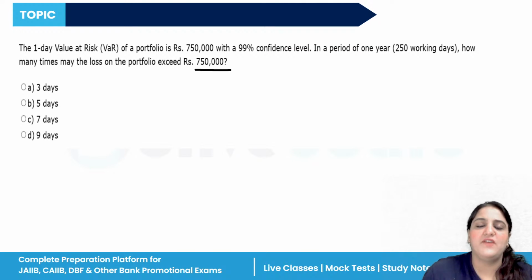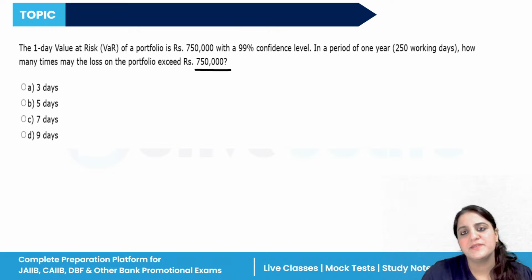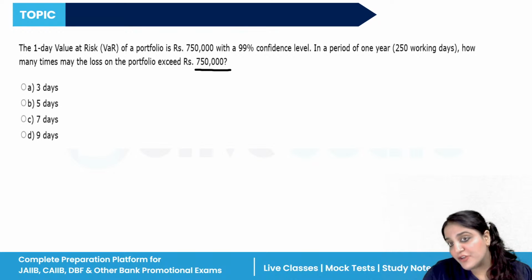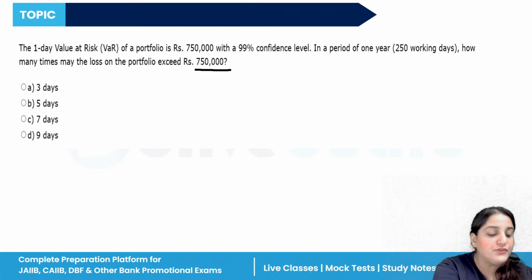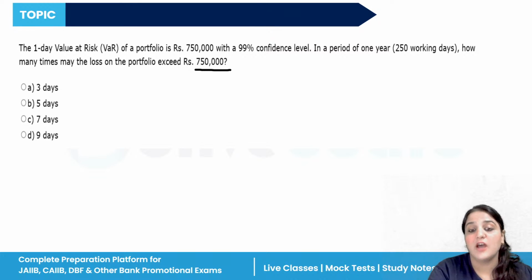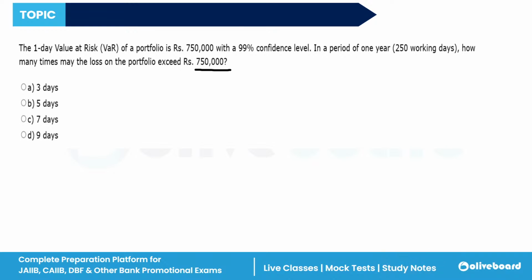The one-day value at risk of the portfolio is given with a 99% confidence level. In a period of 1 year, where 250 days are working days, how many times will the loss on the portfolio exceed 7,50,000? How can we calculate here?